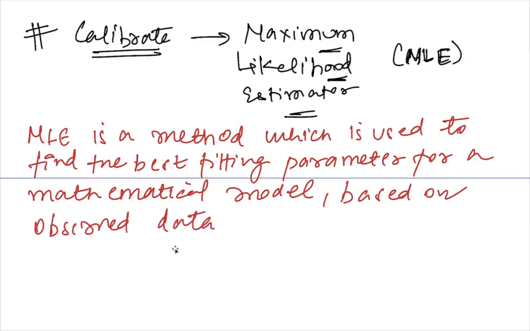You might be thinking, why is it used for finding the best fitting parameters of the model? Vasicek is a mathematical model, right?